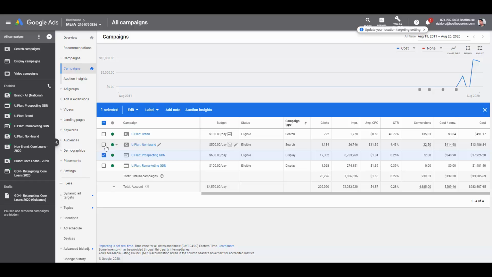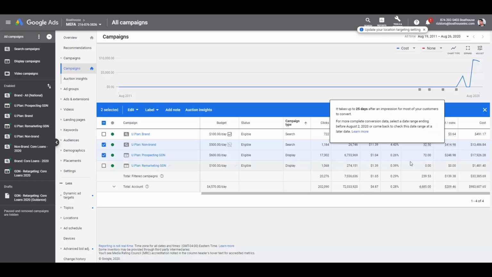But let's look at the general campaign versus a prospecting campaign, which is more apples to apples. As you can see in this example, GDN is driving twice as many conversions as the general campaign and at a much more efficient CPL, 248 versus 414.